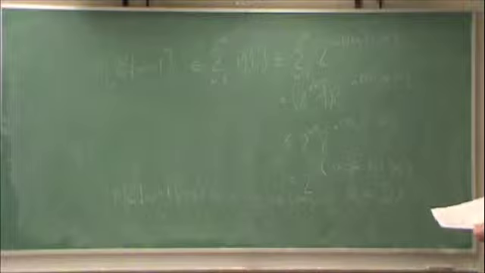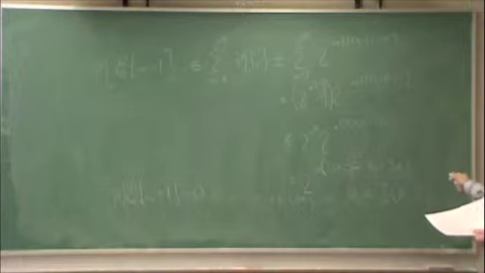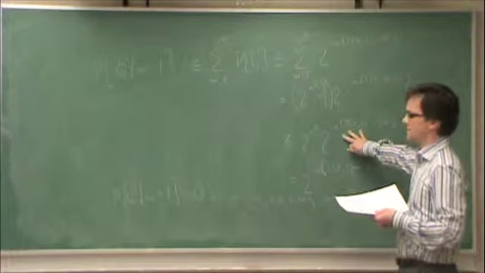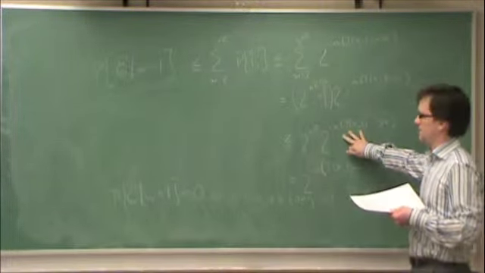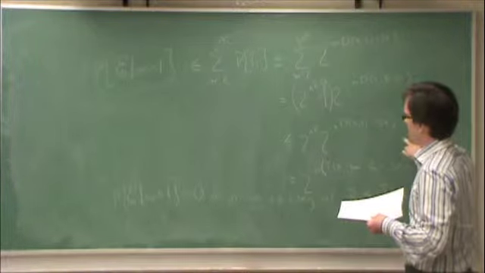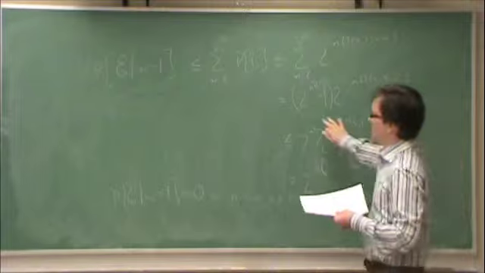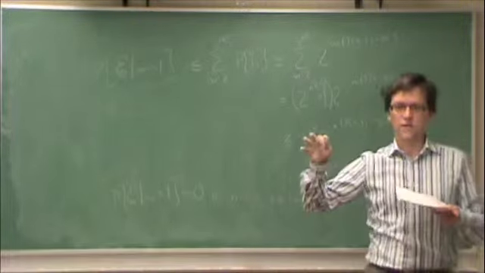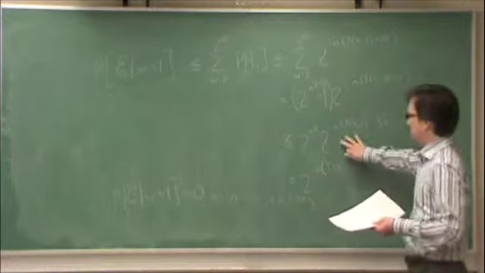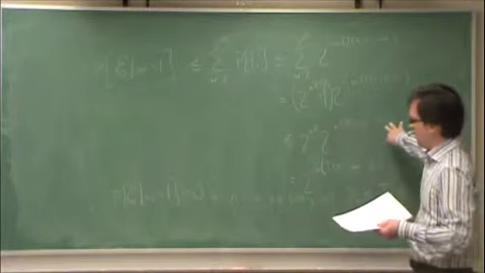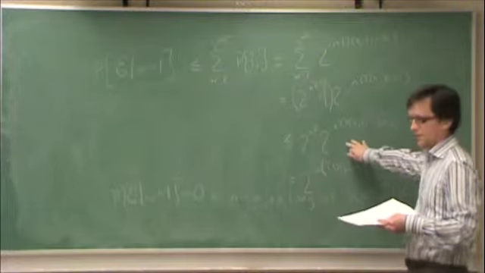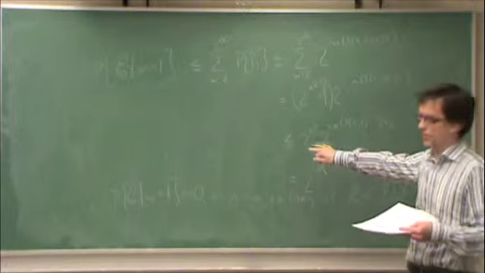So the interpretation is that this is basically the probability of confusing two code words. In other words, the probability of being in T1 complement is basically 0, so we can forget about that. So this is basically the probability that more than one code word will be jointly typical with the original.